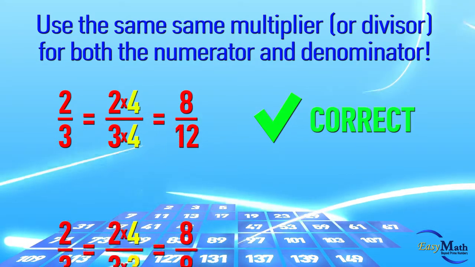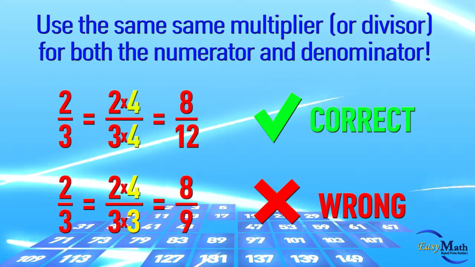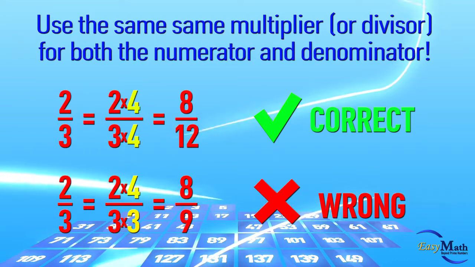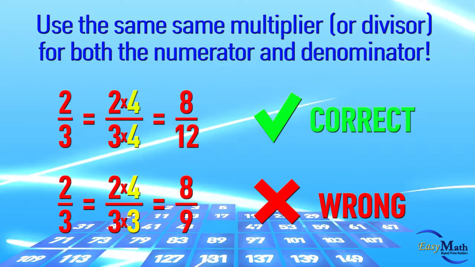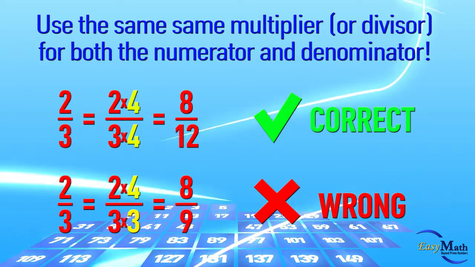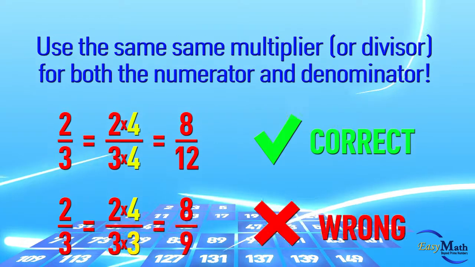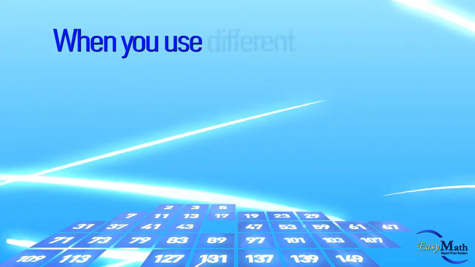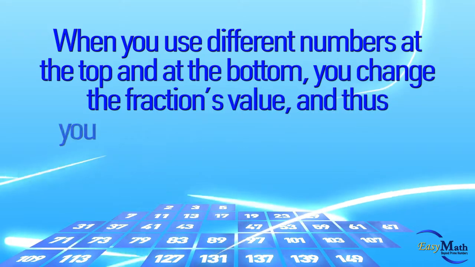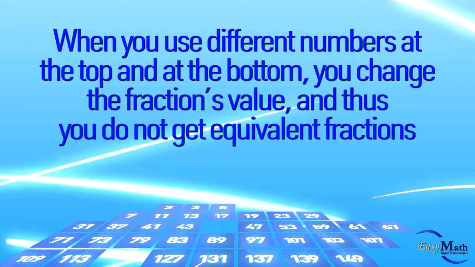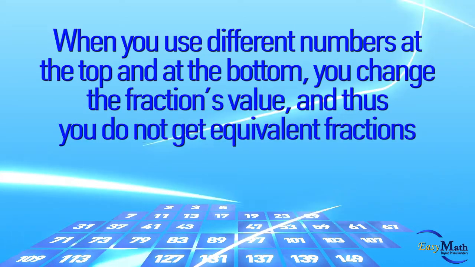However, 2/3 equaling 2 times 4 over 3 times 3, which equals 8/9, would be incorrect. When you use different numbers at the top and at the bottom, you change the fraction's value, and thus you do not get equivalent fractions.